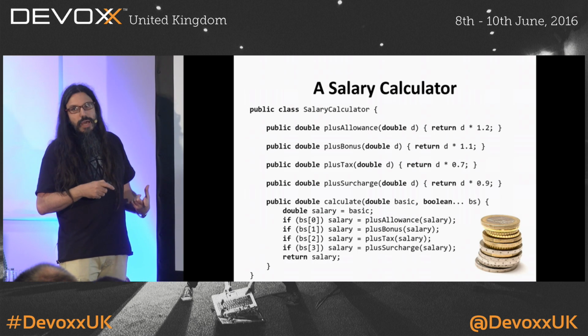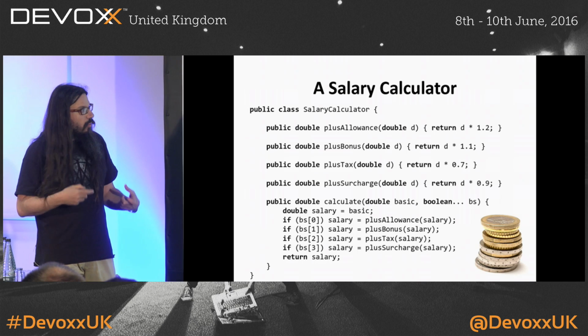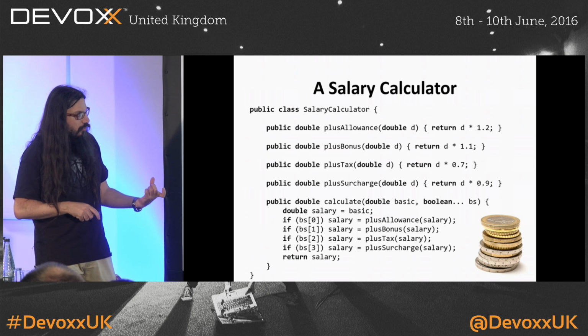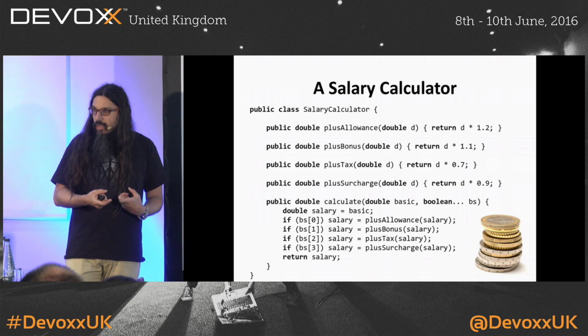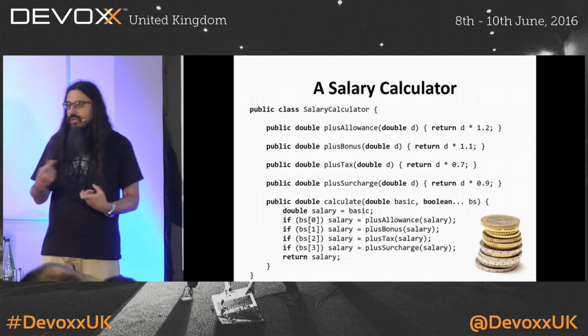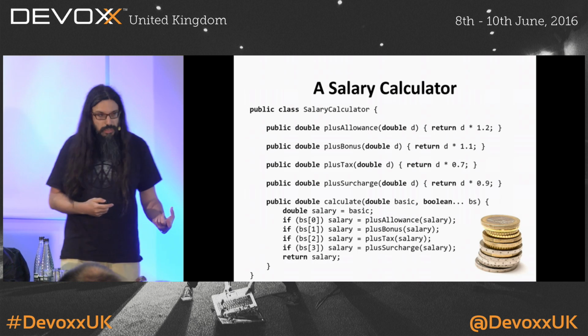But I don't want to apply all of them, okay? So what I'm doing is that I want to calculate the net salary starting from the basic one and passing a set of flags saying which tax and which bonus I want to apply to the basic salary, okay?